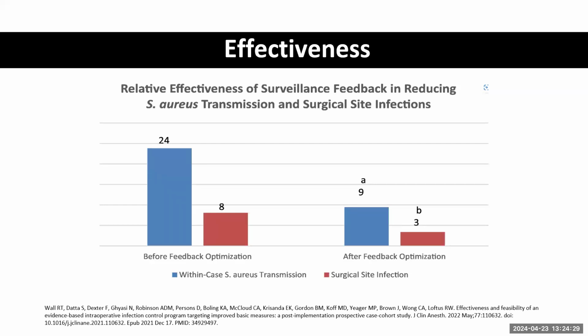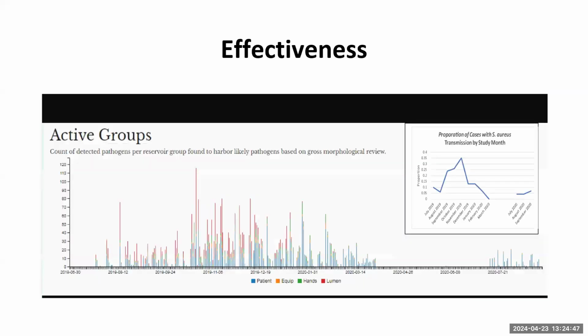So this study showed effectiveness where a hospital can implement outside of a randomized controlled clinical trial. There was uptake of the interventions, and it also disentangled the importance of the feedback component, the monitoring of Staph aureus transmission or movement.